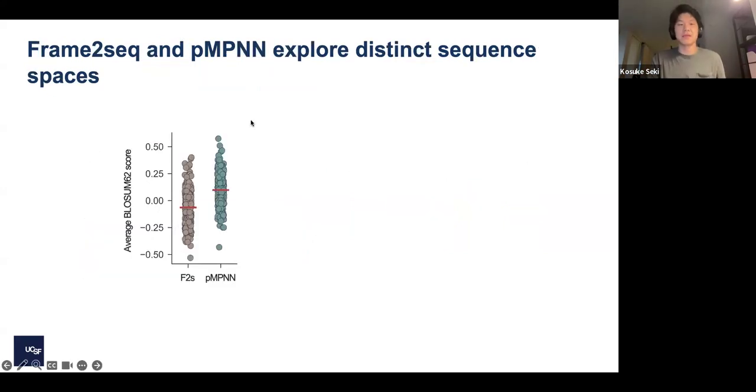And just to expand on some of these differences a little bit more, here we're looking at, on the x-axis, frame-to-seq versus protein MPNN. If we look at the BLOSUM score, which is a measure of how natural a mutation is, you can see that the frame-to-seq mutations are generally slightly negative, which means that the mutations are less conservative than you would typically find in nature.